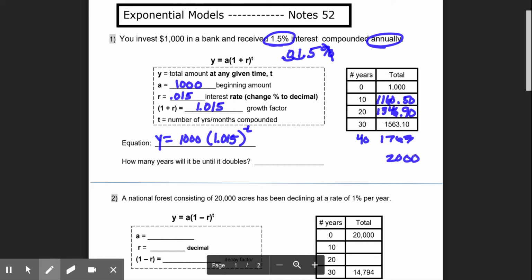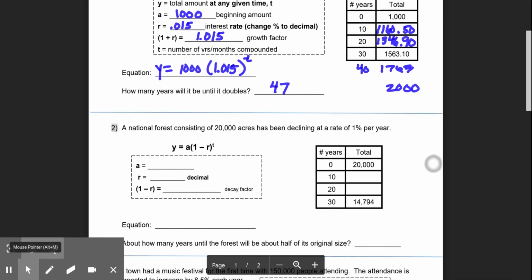So at 50, it'd probably be a little more than 2,000. So anyways, if you continue with this table and put this equation in, you can see that at year 47, it would double from 1,000 to 2,000.